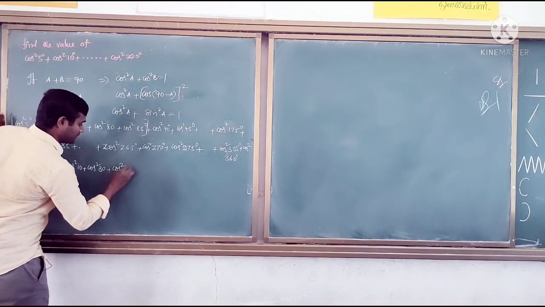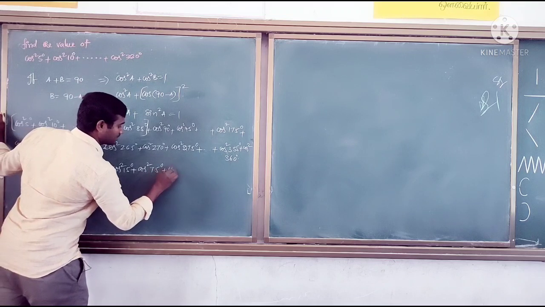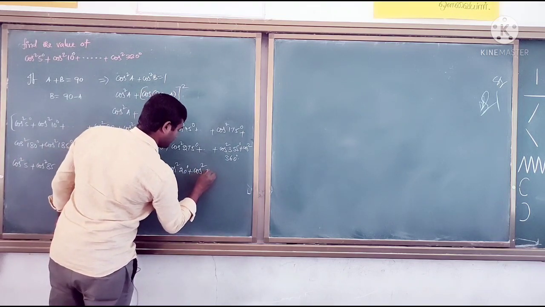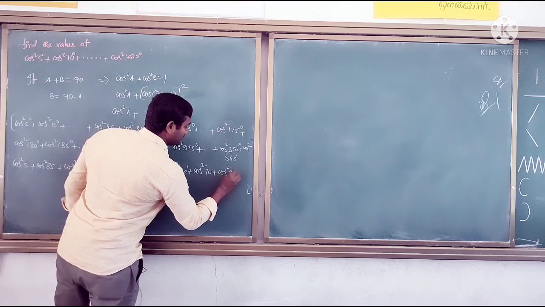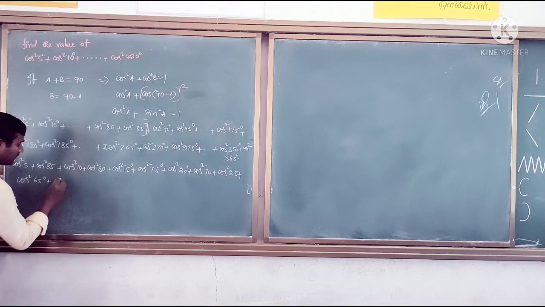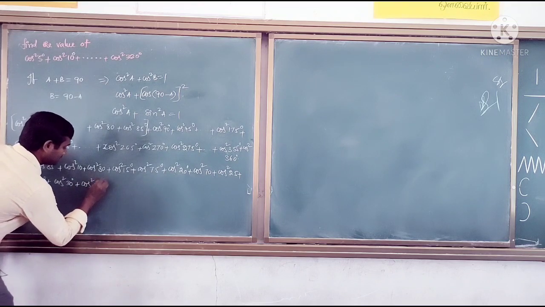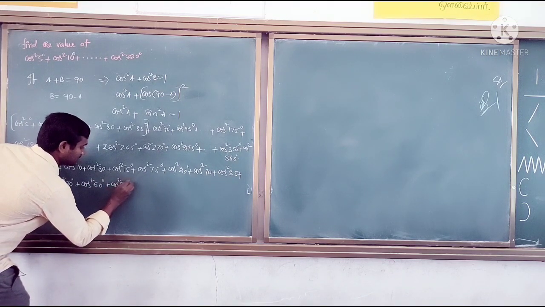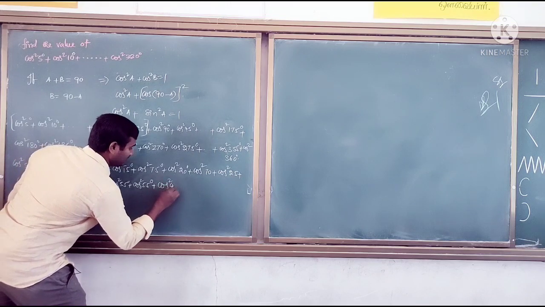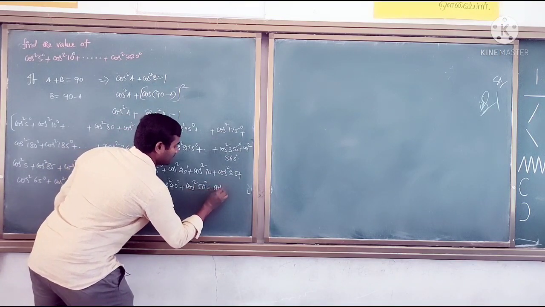Cos square 15 degrees plus cos square 75 degrees, cos square 20 degrees plus cos square 70 degrees, plus cos square 25 degrees plus cos square 65 degrees, plus cos square 30 degrees plus cos square 60 degrees, plus cos square 35 degrees plus cos square 55 degrees, plus cos square 40 degrees plus cos square 50 degrees, plus cos square 45 degrees.